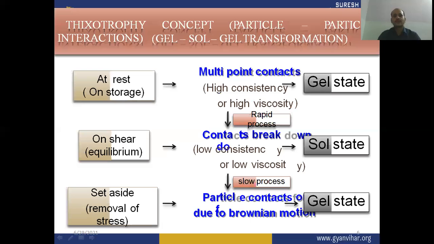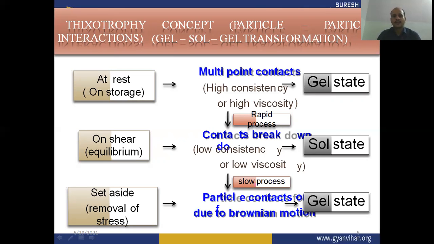Then in the thixotropic concept, the particle-particle interaction with gel transformation can be seen. You can go through this flow diagram and easily understand the concept of thixotropy. At the resting condition of storage, multi-point contacts are there, with high consistency or high viscosity, and it is present in the gel state first.